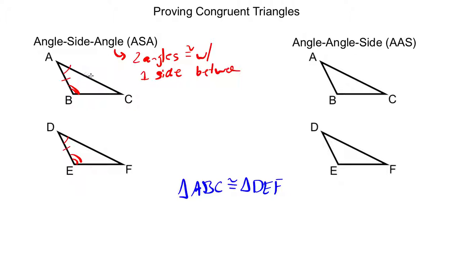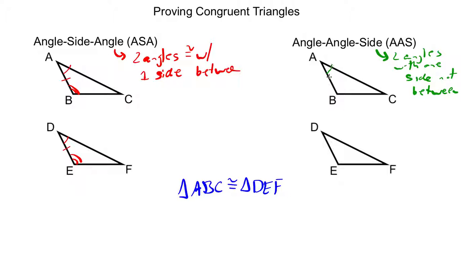So I can't have angle, side, angle, because that would be angle, angle, side, which is right here. So it is two angles with one side not between. And there's only one way for that to happen.